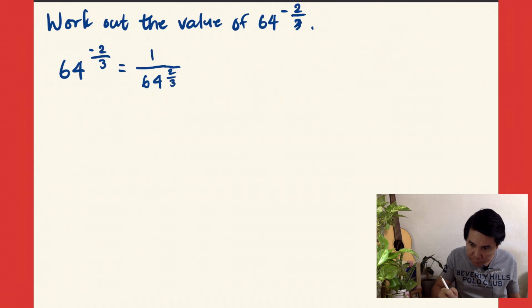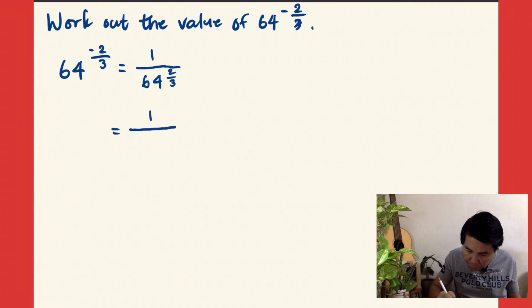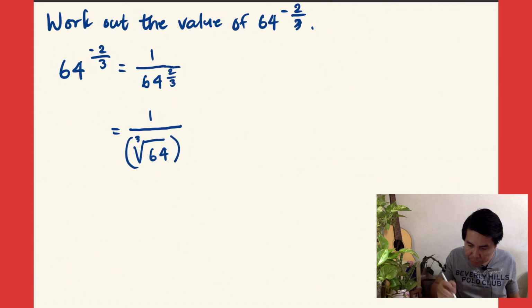Then we have 1 over the cube root of 64, and then we have to square it.